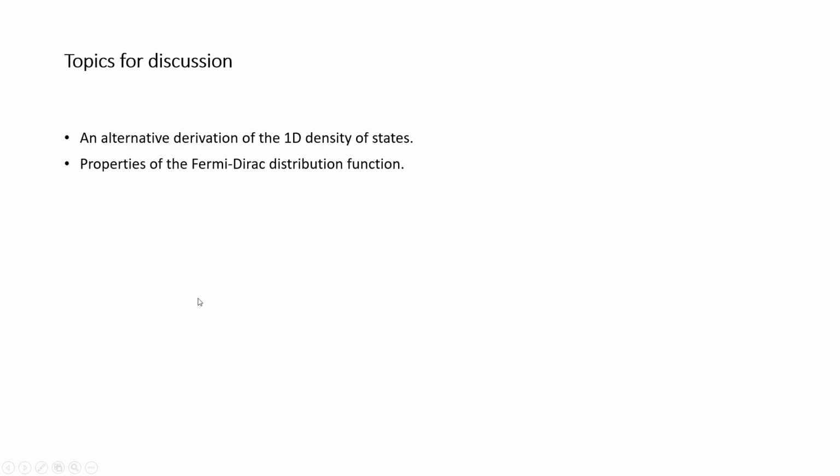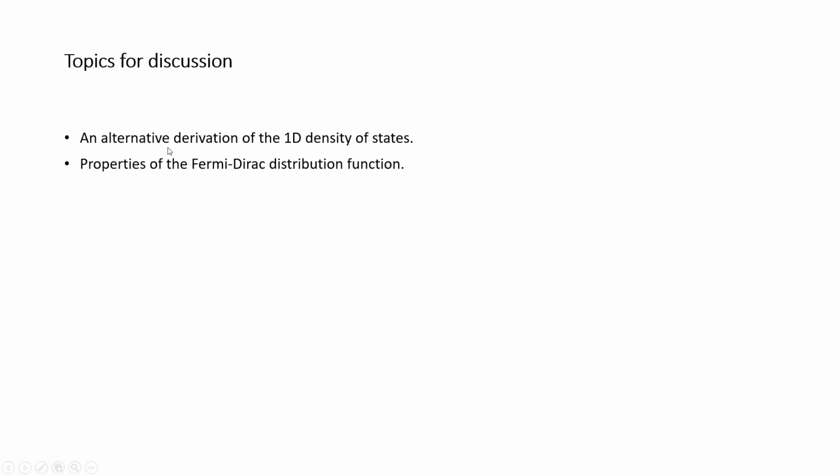In whatever time is left, what we shall do today is try to do an alternate derivation of the 1D density of states, and thereby give you a slightly different definition of the idea of density of states, and the energy dependence and so on, because these will be the questions you will have in the assignment for this week.